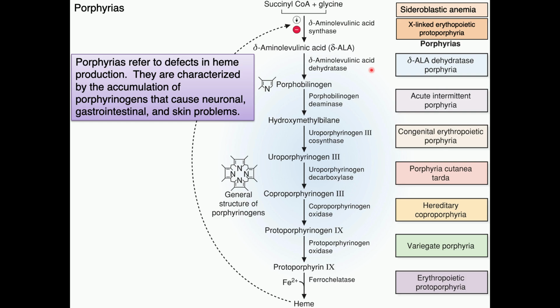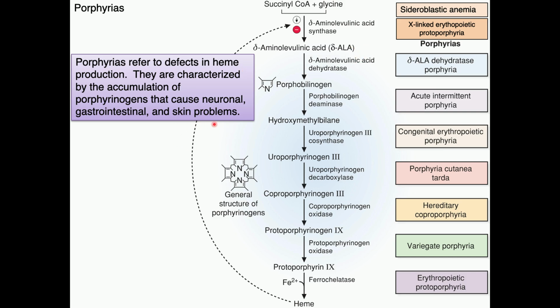And yeah, so the main clinical features of the porphyrias are neuronal symptoms, and that can be both the central and peripheral neurological systems, as well as the GI neurological symptoms. So you can get nausea, vomiting, diarrhea, etc. So the GI and neurological symptoms are due to accumulation of aminolevulinic acid.